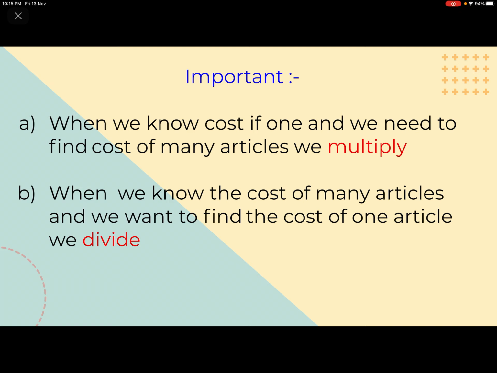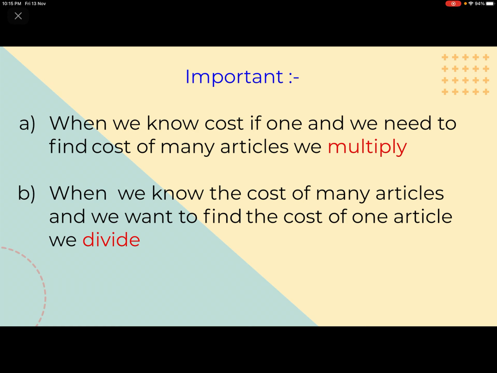Children, we were doing chapter number 11, Money. And we had learnt up till now about the currency, the two units of money, and the billing part. Today in this exercise, children, we are going to learn a very important part, that when we know the value of one item and we want to find the value of many items, we multiply.